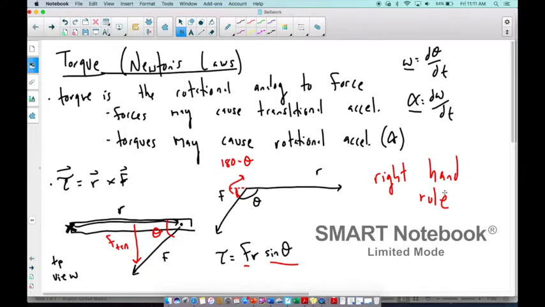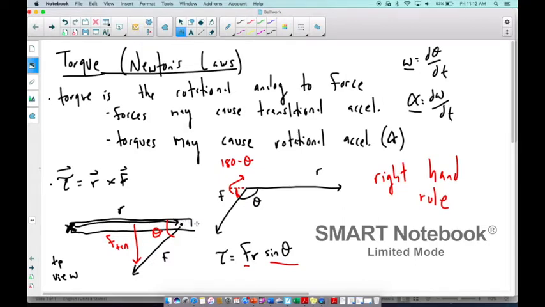You take the fingers of your right hand, not your thumb, and point them from the axis of rotation in the direction of R. Remember how we defined R? It was from the axis of rotation to the point of application of the force.